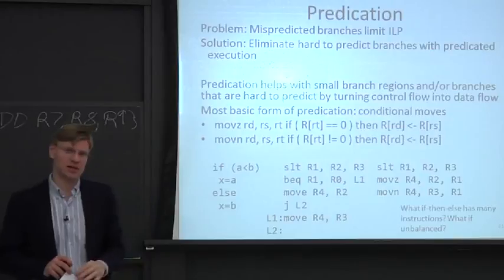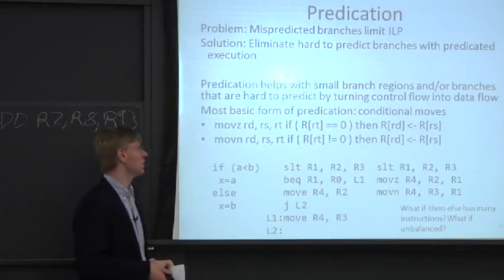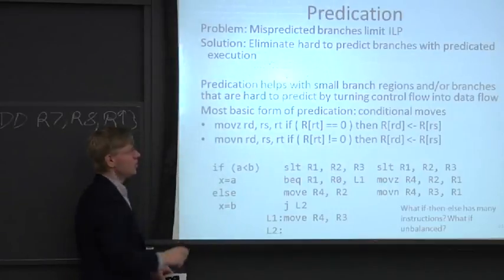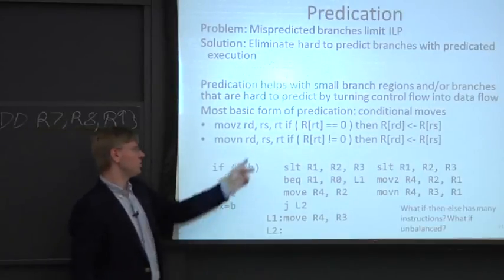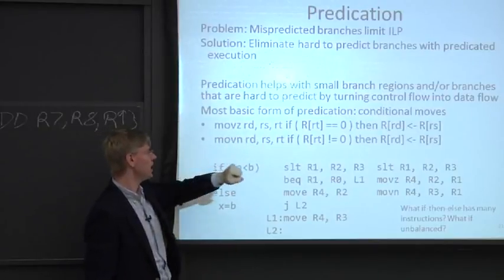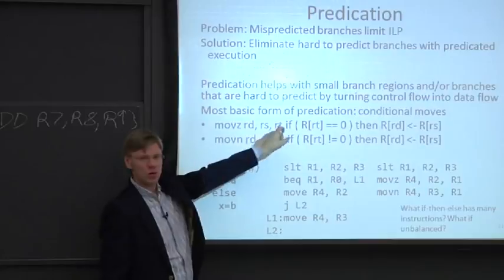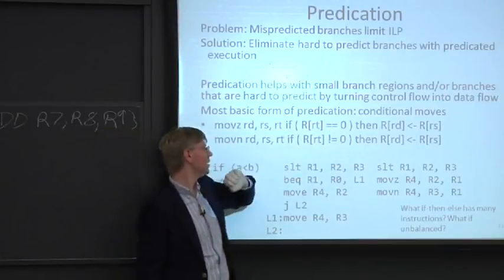So let's look at the semantics of these two instructions we add for conditional move. First instruction here, move 0. So what does move 0 do? Well, move 0 tests whether one of these input operands here, RT, is equal to 0.